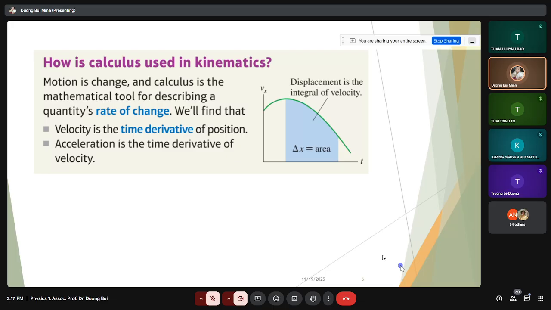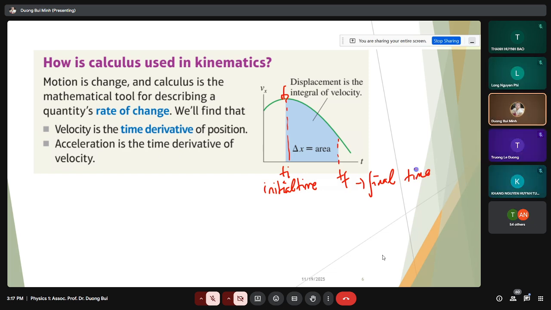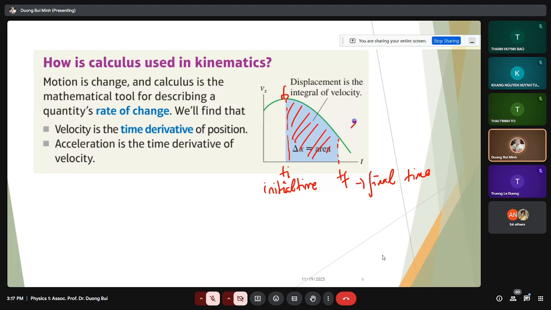If we know the curve of Vx, for example, with Ti the initial time and Tf the final time, then this area is delta x, the distance. Why? Because we have Vx equals dx over dt.